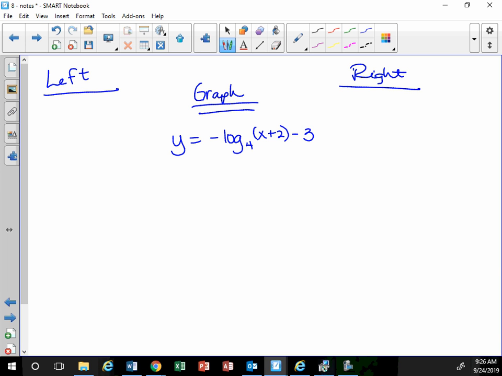Graph it, guys. Graph it on your board. Guys, a lot of your whiteboards have a graph on the back. Some are worn out. I don't know how you wear out a whiteboard, but apparently we can.